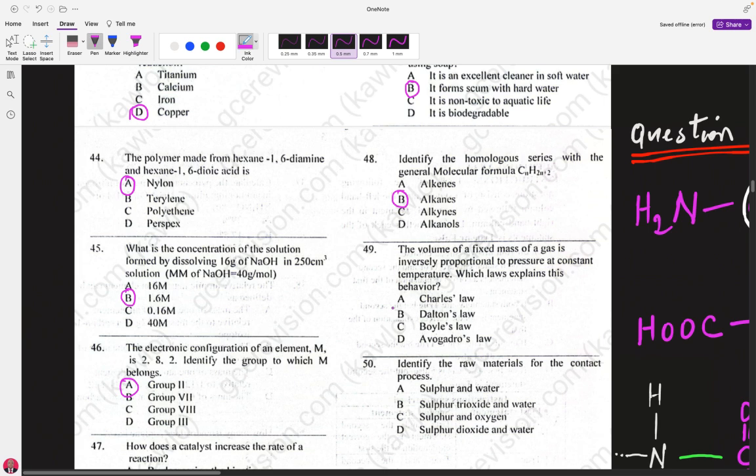As the volume increases, the pressure decreases, and vice versa. So Boyle's law gives us that, which is C. 49 is C.